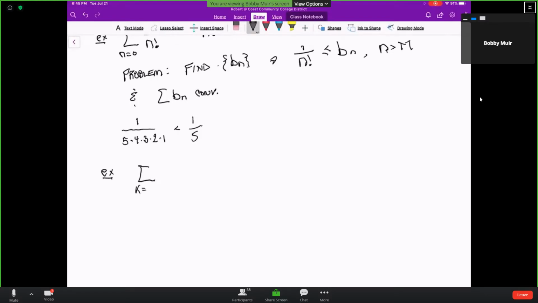The sum k equaling 2 to infinity of 1 over k squared minus 1. Again, by the same thought process, when k gets really enormous, this minus 1 isn't really going to affect very much. We could do partial fraction decomposition on this and then do the integral test, but it seems unnecessary, because we know this thing is going to converge.